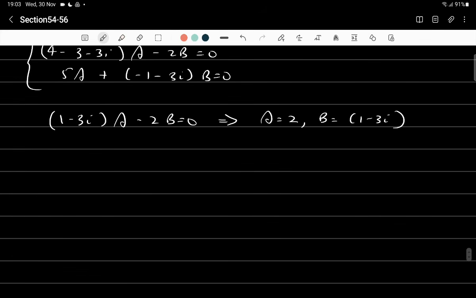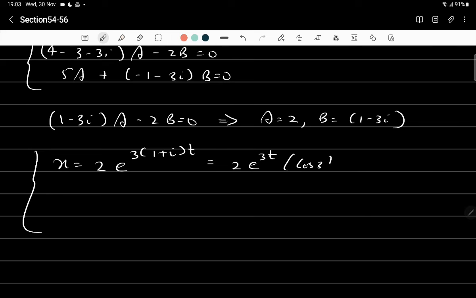It means I can write my x and I can write my y. So now x is the constant a, which is 2, and e raised to the power 3t, cos 3t plus i sin 3t.